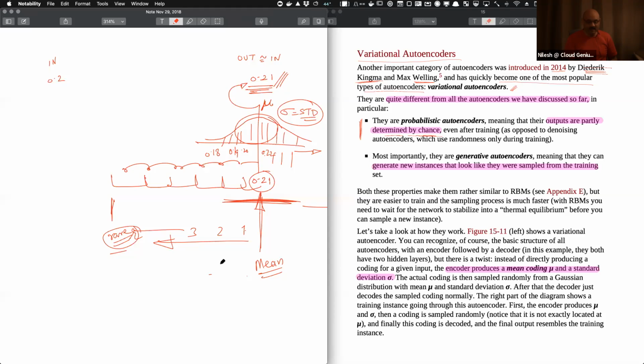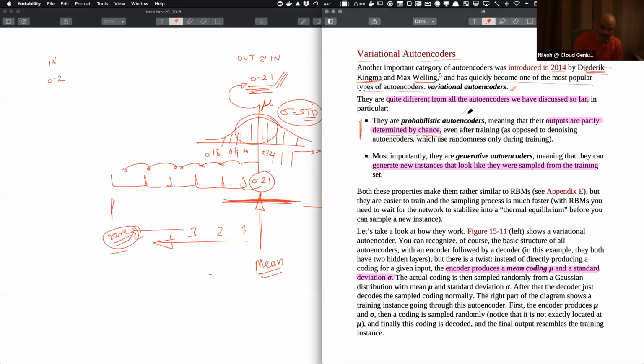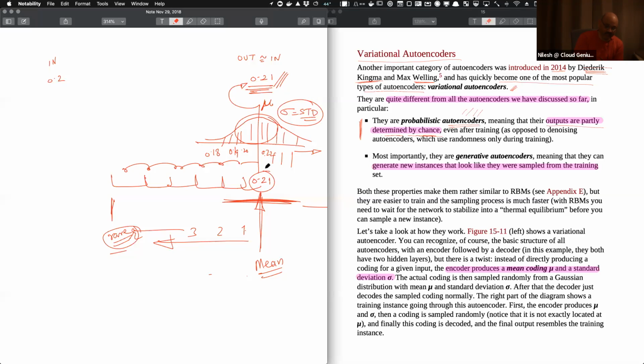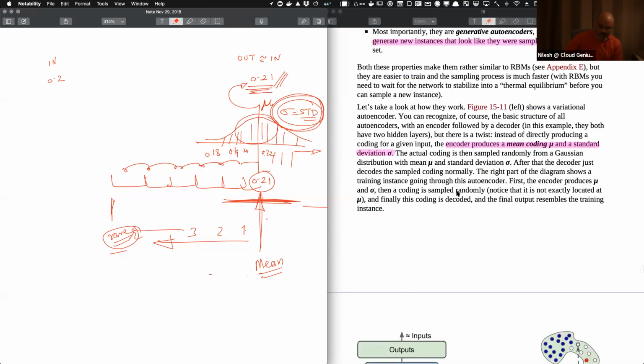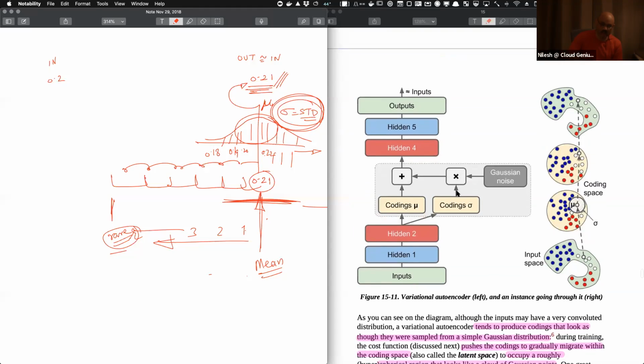It's probabilistic. And so this idea of being probabilistic in its output is the concept of probabilistic encoders, which determines that the output is partially determined by chance. Not completely, but partially. And that partial determination is the underlying idea which produces a mean and a standard deviation.